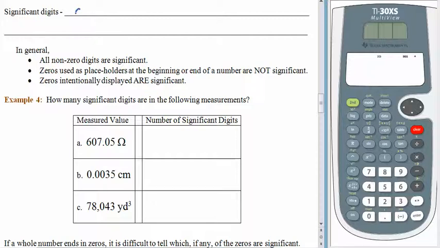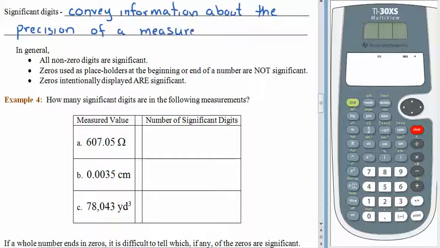So significant digits convey information about the precision of a measurement. The first thing we do is look at a measurement and decide which digits are significant and which digits are not. And the rules for the most part are pretty easy.